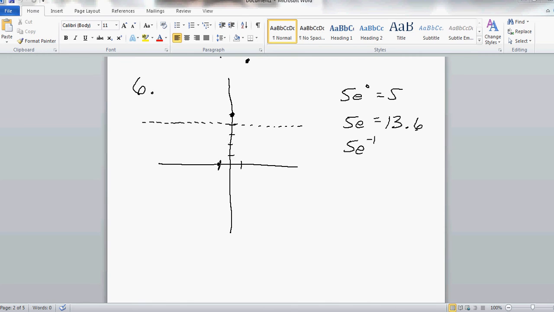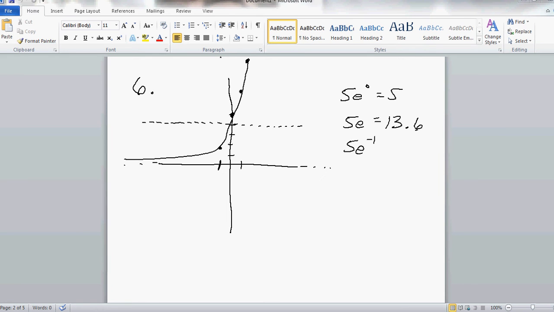What I said was wrong. 1.84. So that would be about there. The asymptote is still going to be here at 0. It just looks a little bit different.